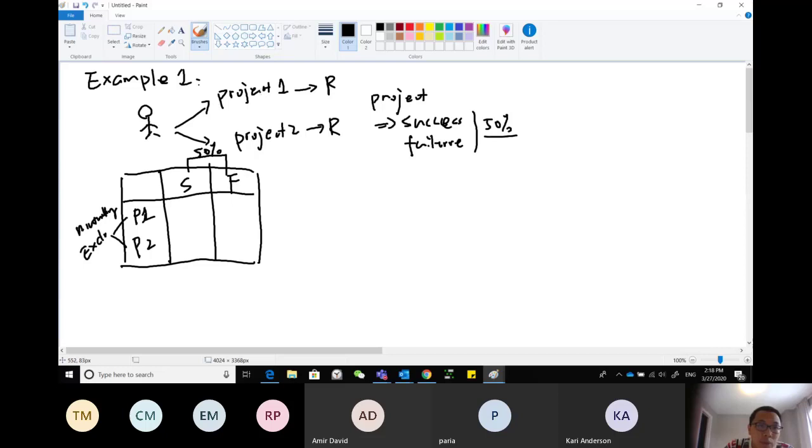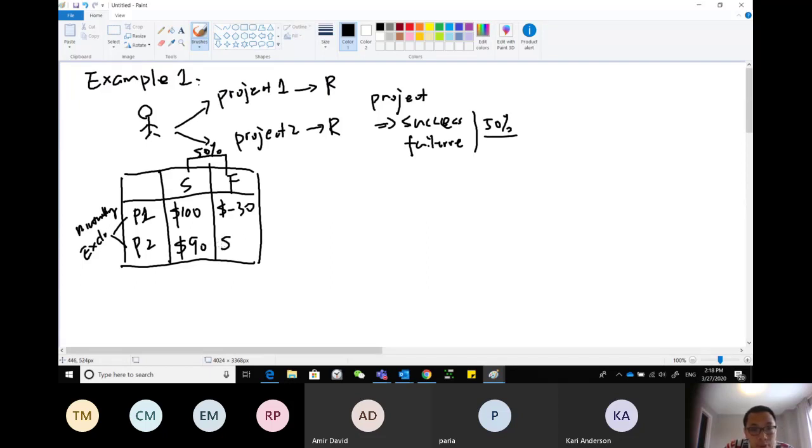So if we invest in project 1 and if it turns out to be a success, we will have $100 of return. And if it's a failure, then we'll lose $30, right? For project 2, if we invest and if it's a success, then we gain $90.